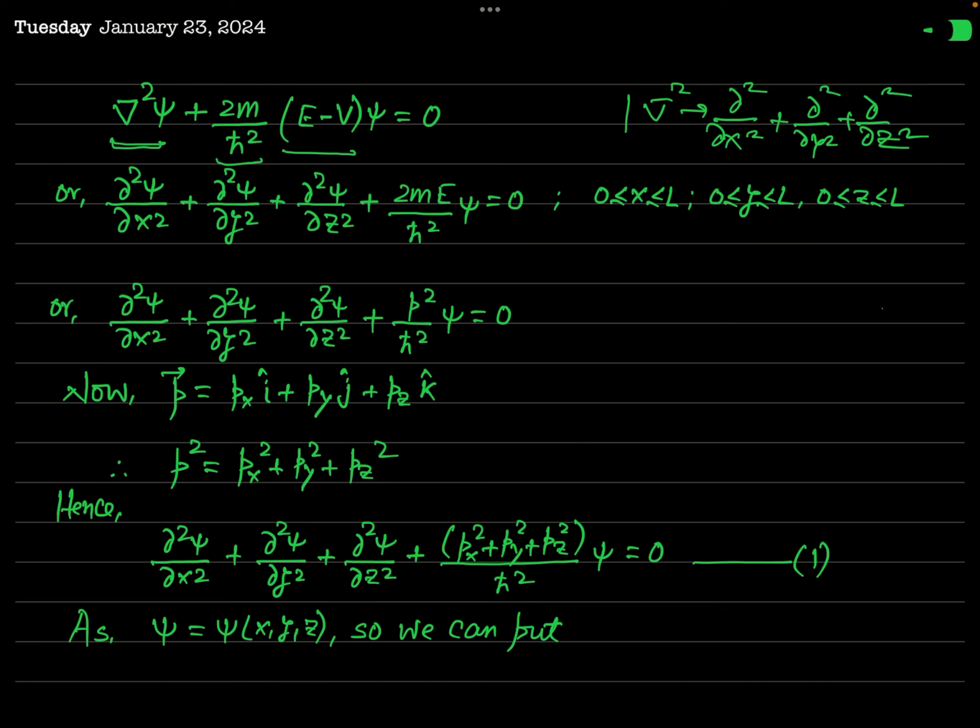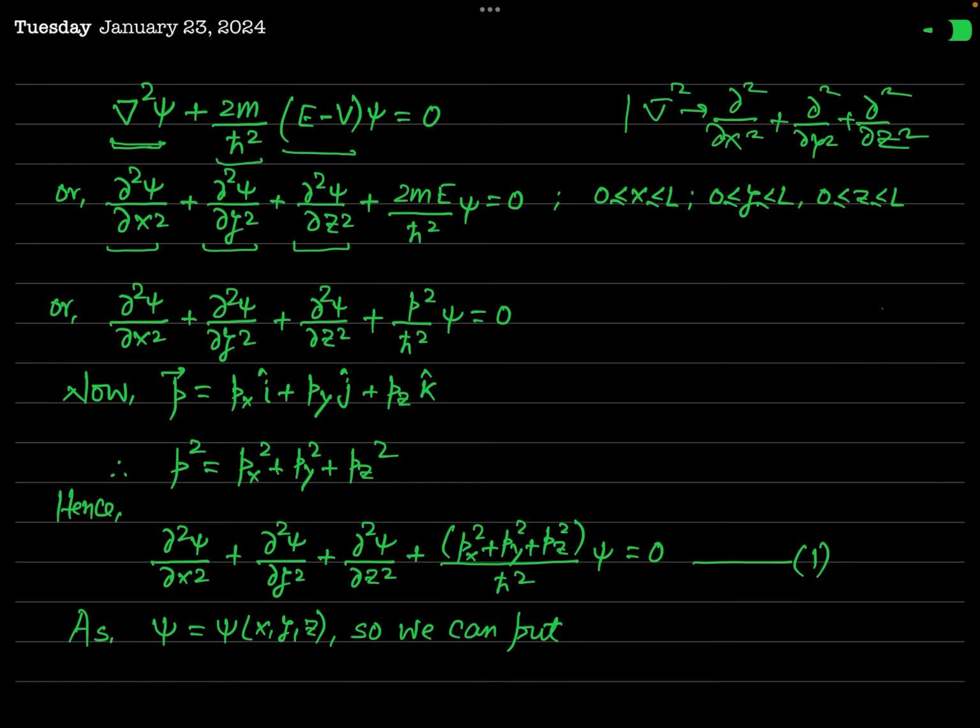So this equation can be written as del 2 psi by del x square plus del 2 psi by del y square plus del 2 psi by del z square, instead of this Laplacian psi.